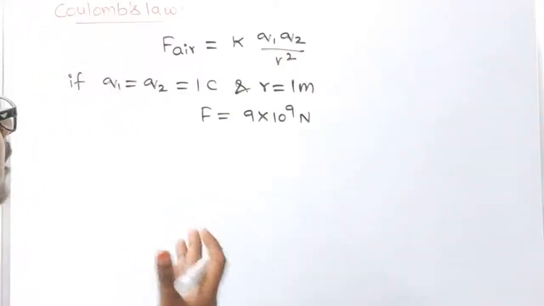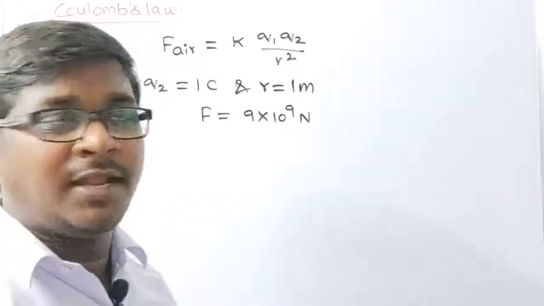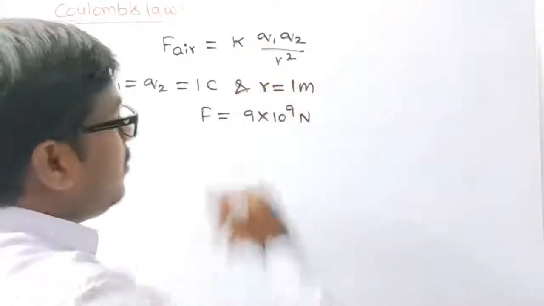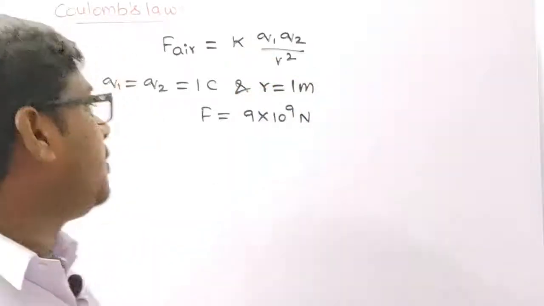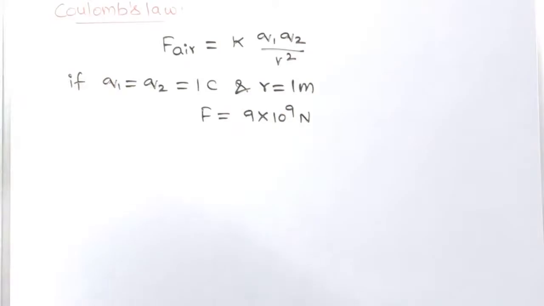Okay, so 1 into 1, 1 by 1 square is 1, and the remaining k value is 9 into 10 power 9 Newton.